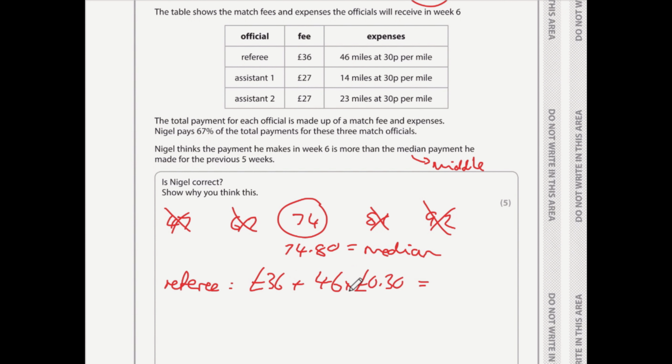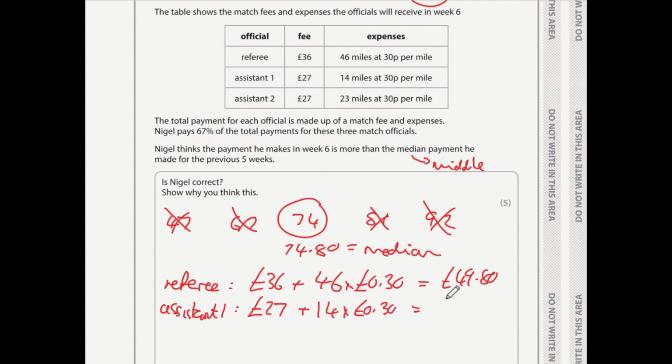And we can do this in one calculation on the calculator if you're confident that your calculator will do BIDMAS, which it probably will do. Otherwise just do 46 times 0.3 equals, and then plus 36 to it, and that should come to £49.80.